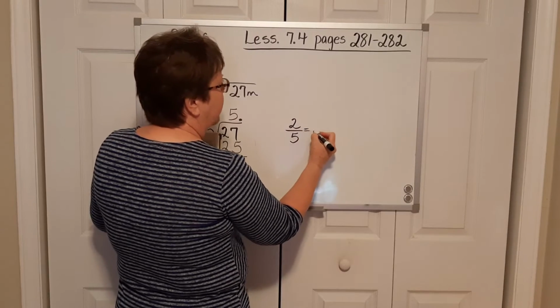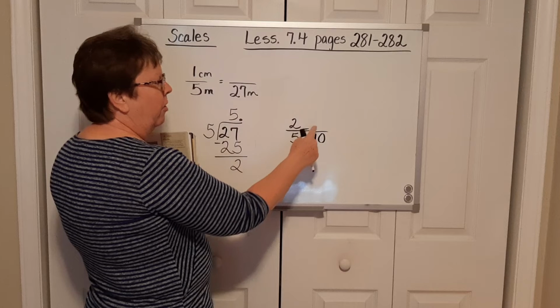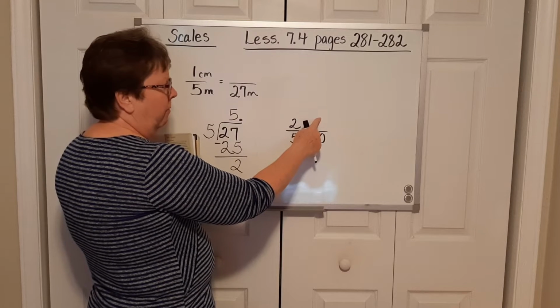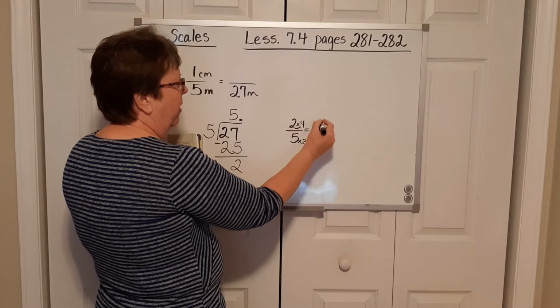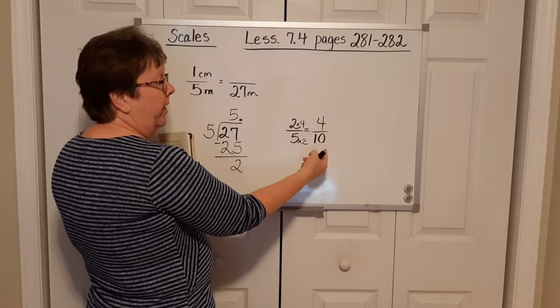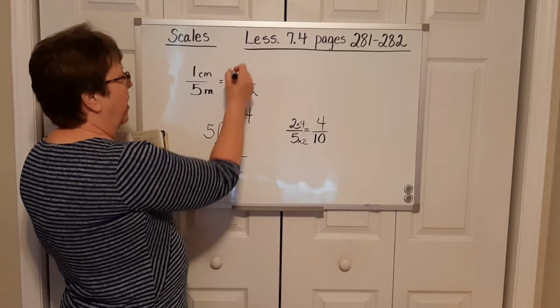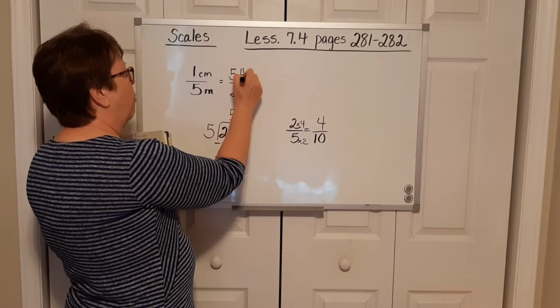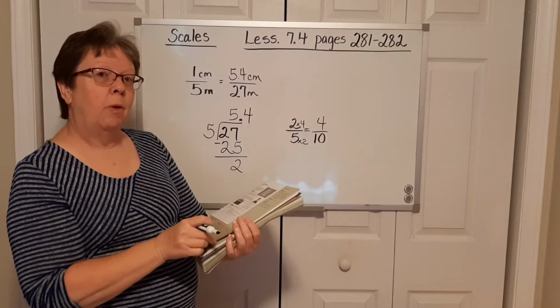So we have to find what our missing numerator is here. Okay, so 5 times 2 is 10, 2 times 2 is 4. So it would be 4 tenths. And how do you write 4 tenths? 0.4. Okay, so our answer there would be 5.4 centimeters. Okay, so that's example 1.